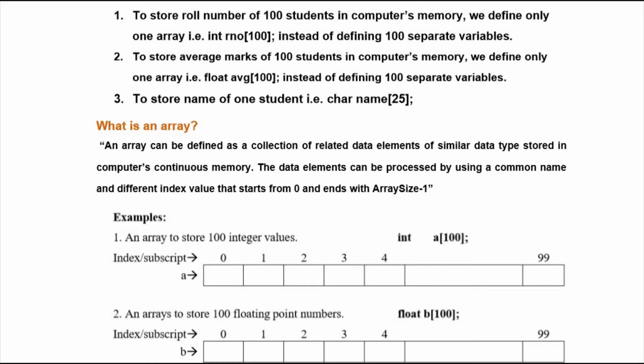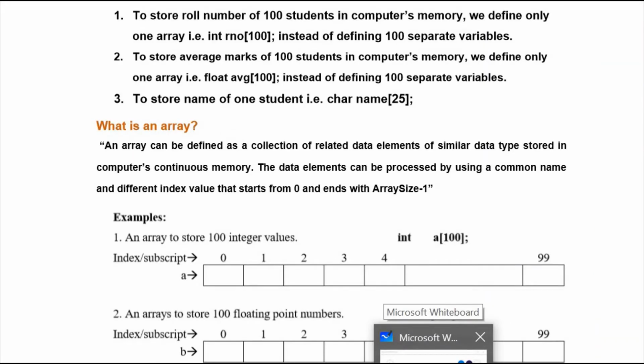I will explain it much easier using this. Array means it is a continuous memory location which has a common name. Let's say for example, we will take roll number.